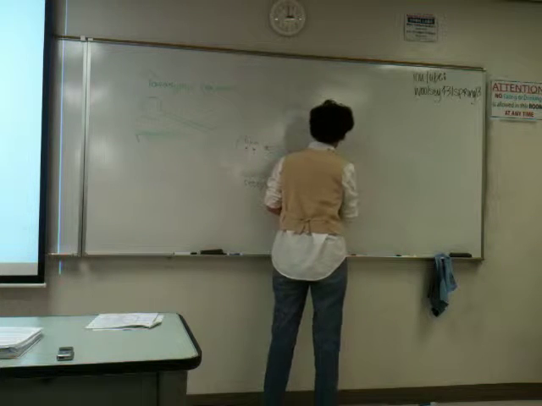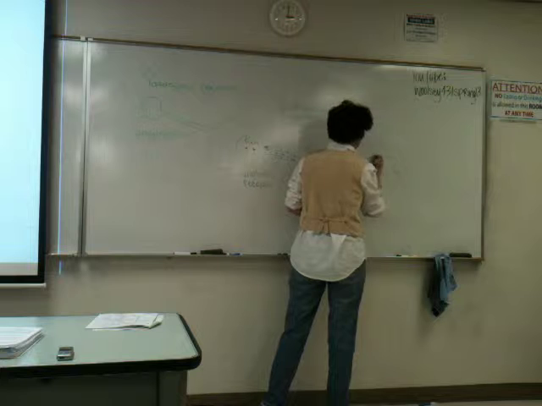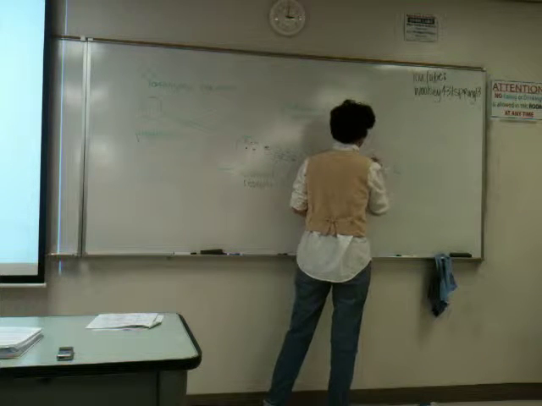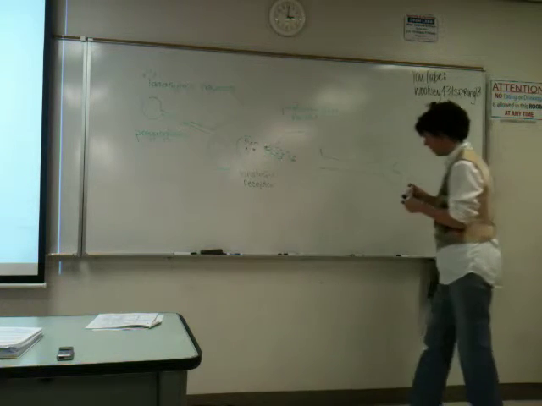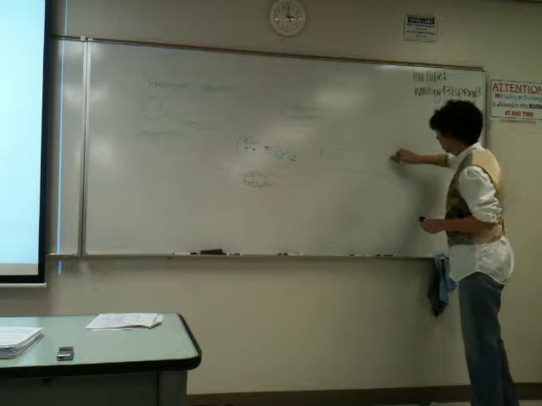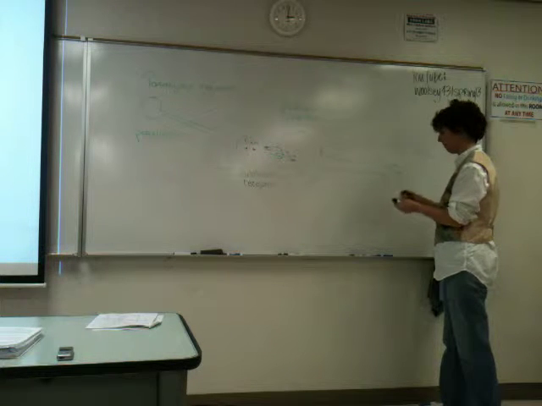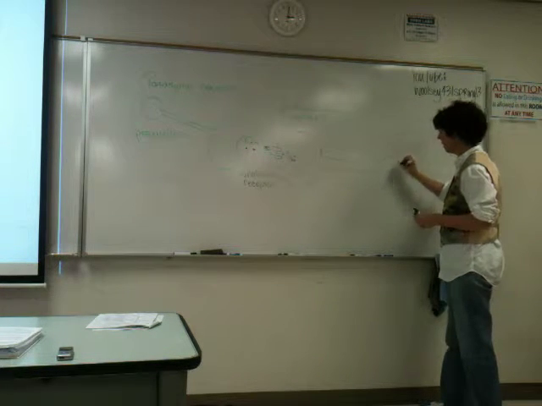Now the postganglionic neuron is going to form a neuromuscular junction or a glandular junction with, let's say, the pacemaker cells of the heart.